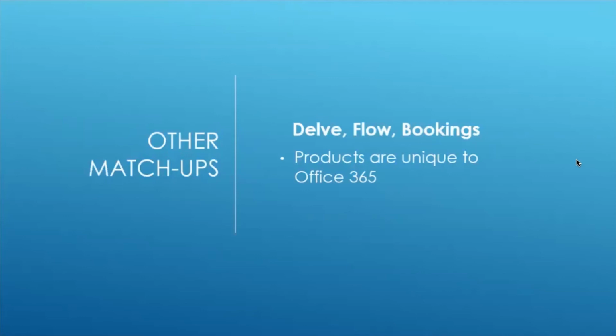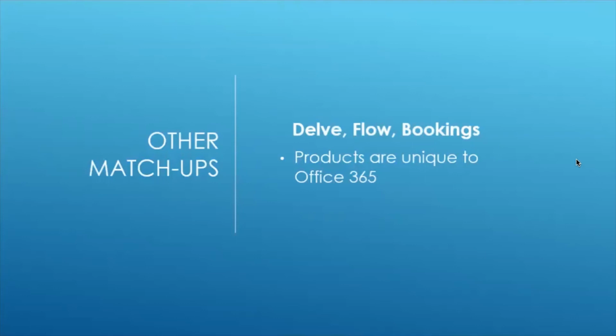It's a very unique product that no one else has. Flow is the workflow organizer. It creates flowcharts. There is no equivalent in the Google product. So if you are someone where flowcharts is a big part of your day-to-day business life, you're going to want to stick with the Microsoft option. It is there, and it integrates, again, with everything else. Same thing with Bookings.